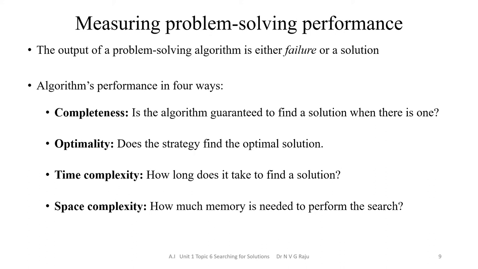Completeness means, is the algorithm guaranteed to find a solution when there is one? Optimality means, does the strategy find an optimal solution? Time complexity means, how long does it take to find a solution? Space complexity means, how much memory is needed to perform the search.